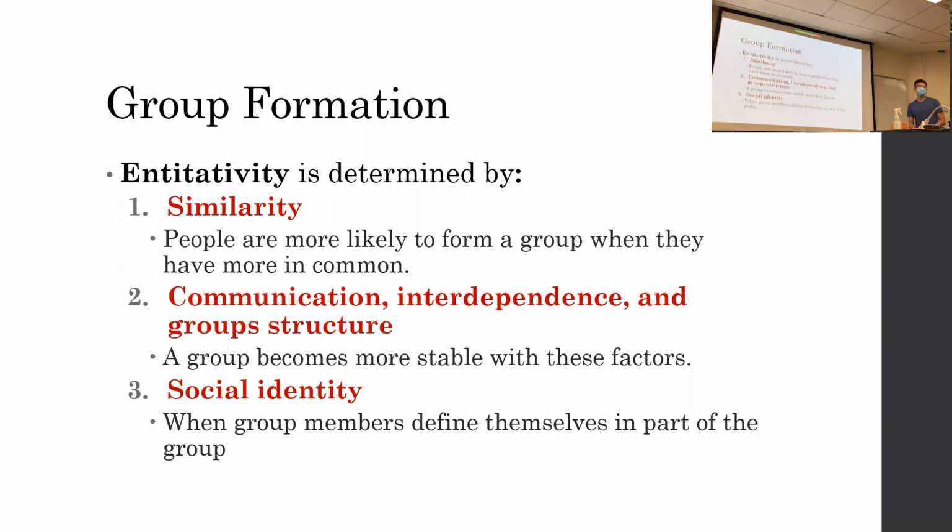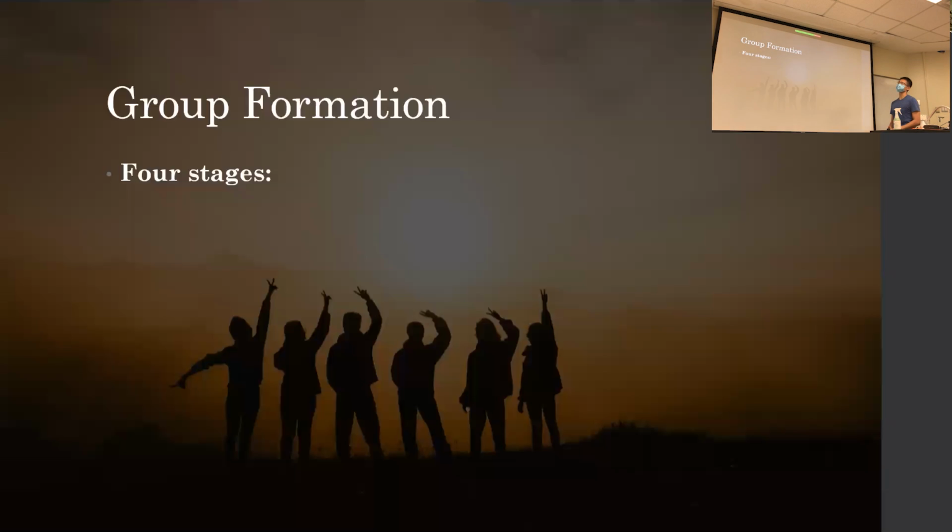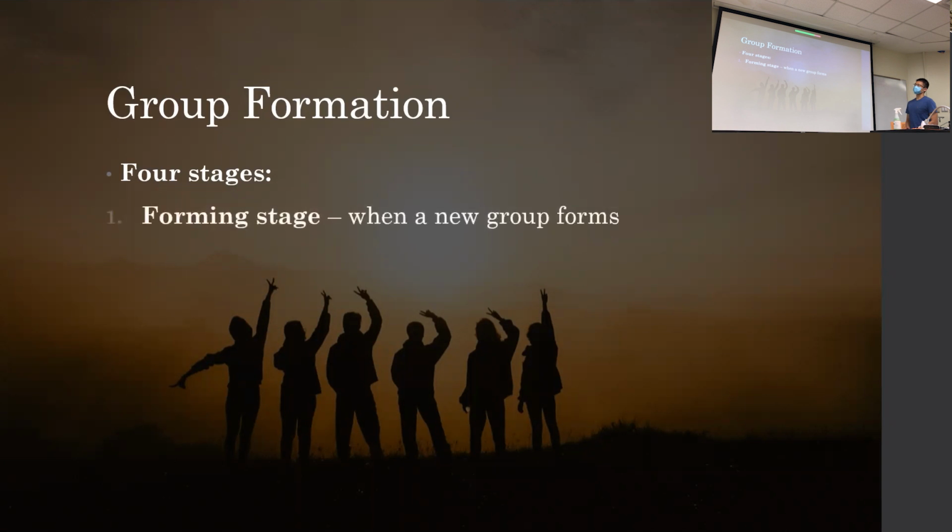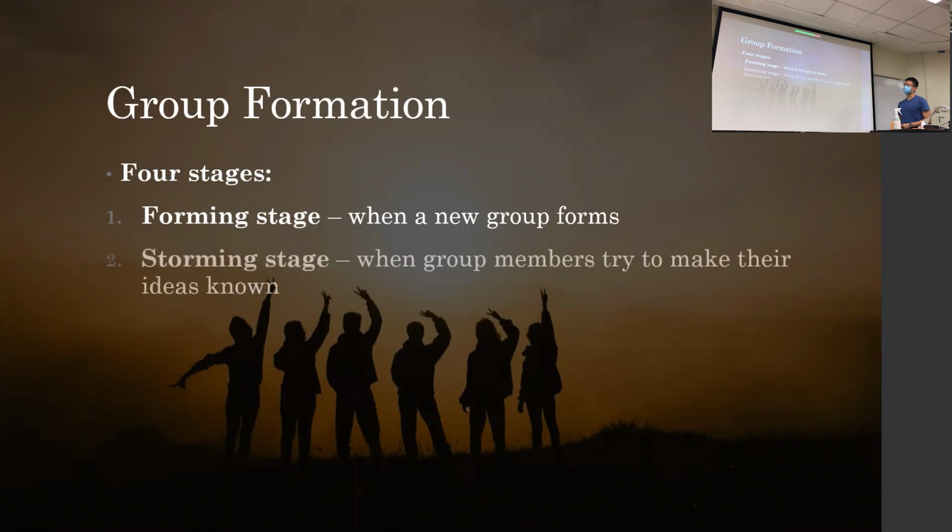So for group formation, we have 4 stages. The first stage is the forming stage. This is when a new group is formed. The second stage is the storming stage. This is when group members try to make their ideas known.